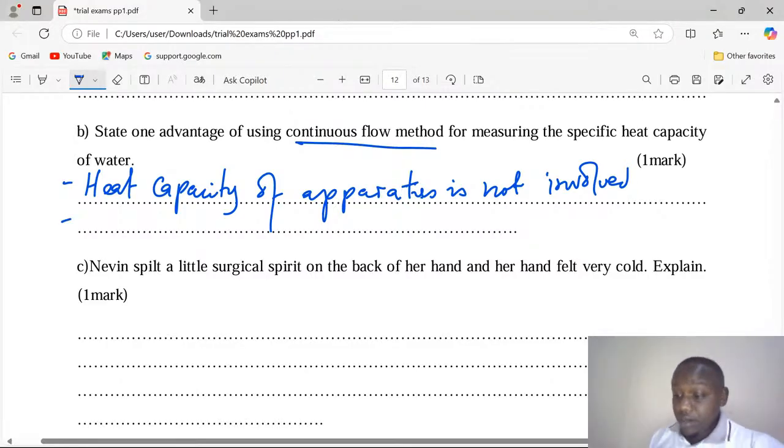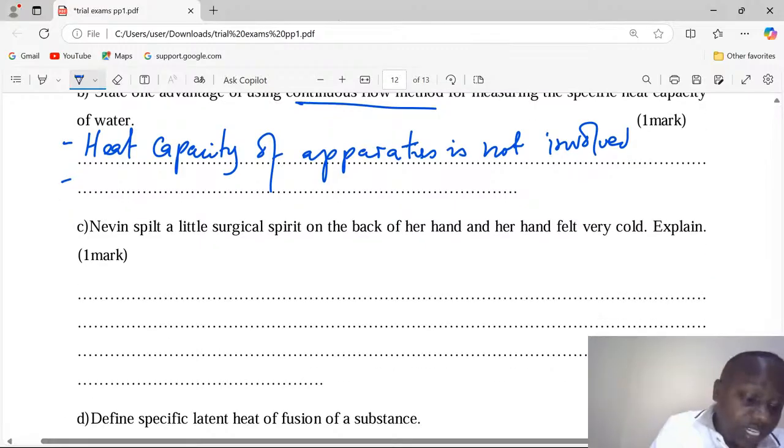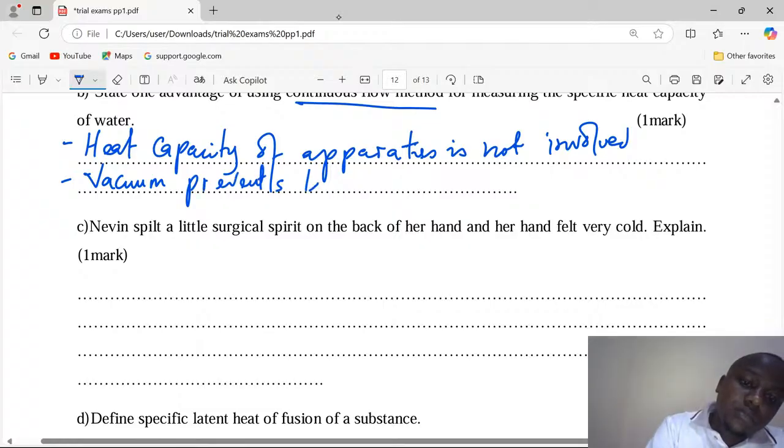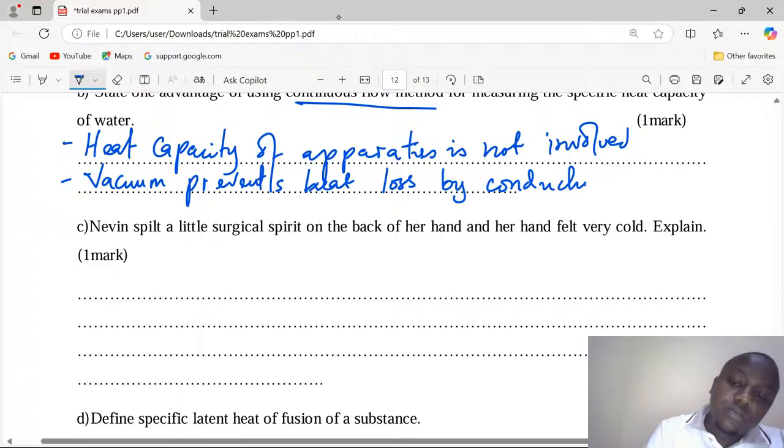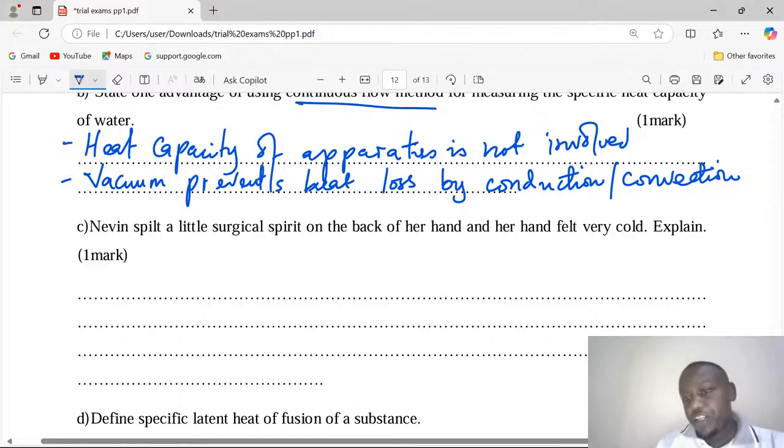And number 2, there is a vacuum which prevents heat loss by conduction and convection. The vacuum prevents heat loss to the surrounding by conduction, and convection is also minimized.